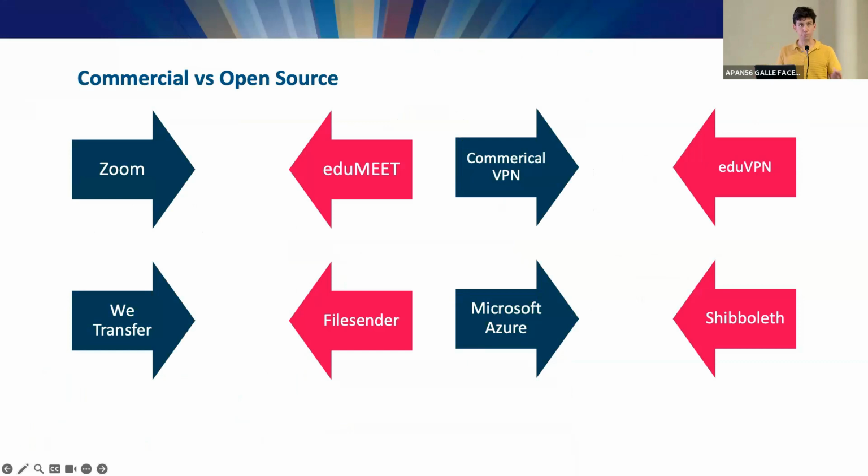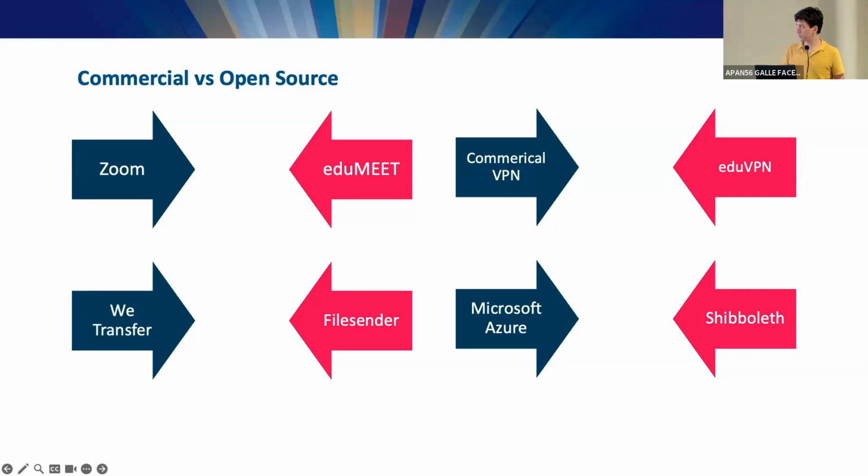Because if you install the node yourself, if you install the service yourself, you become a part of the solution. You add more computing power, so you can actually do exactly the same thing as Zoom. And talk to the service team of EduMeet, and they are launching their 2.0 version that actually integrates FileSender into the video conferencing services, which is great.